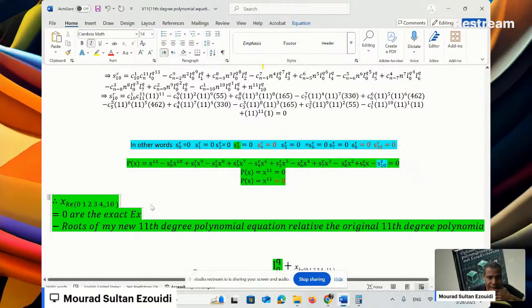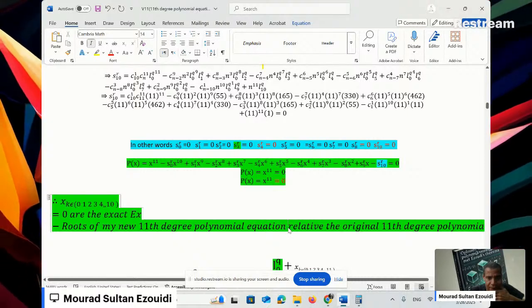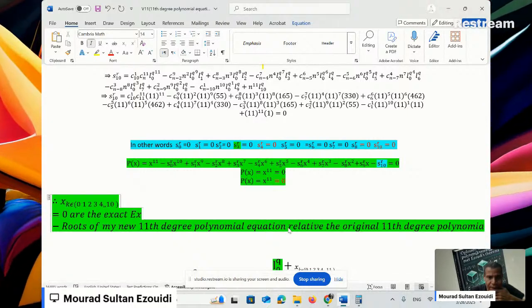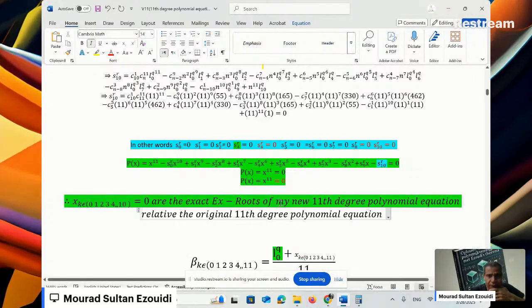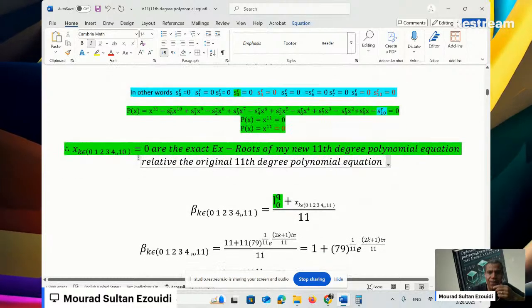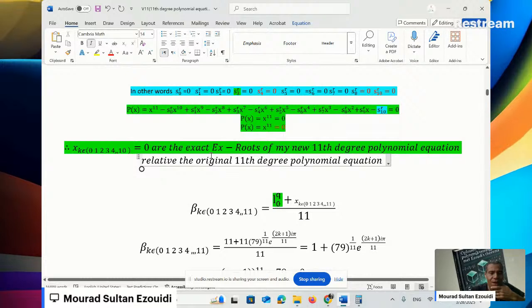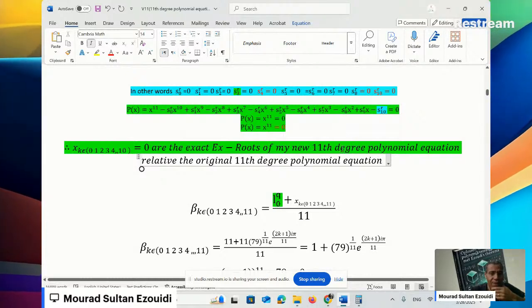You see, I already found what are called the exact x roots of the new 11th degree polynomial equation.